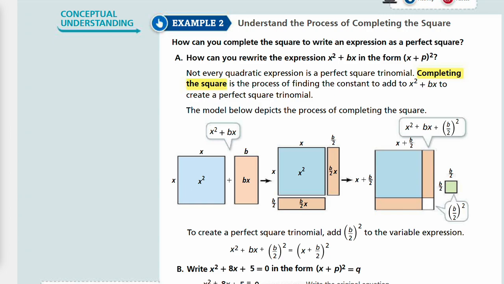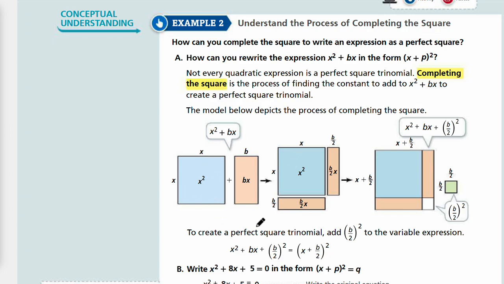But even if we don't have a perfect square trinomial, we can use the method of completing the square in order to make a perfect square trinomial partially so that we can factor them out and solve. So completing the square is the process of finding the constant to add to x squared plus bx to create a perfect square trinomial. Let's see how that works.